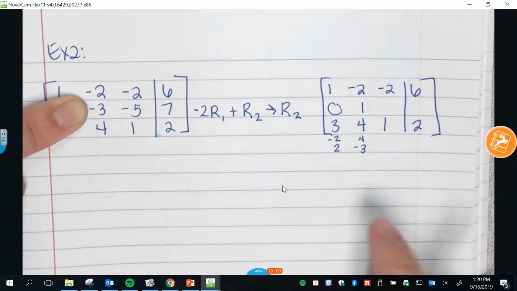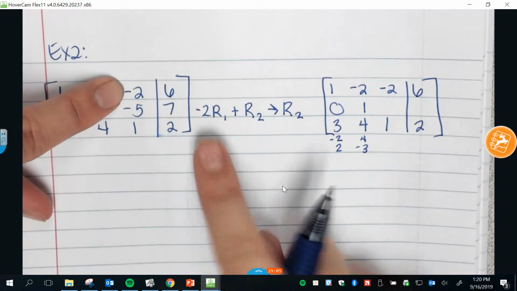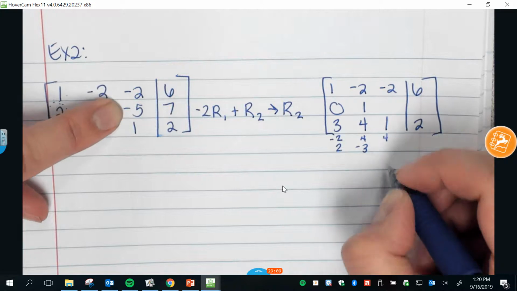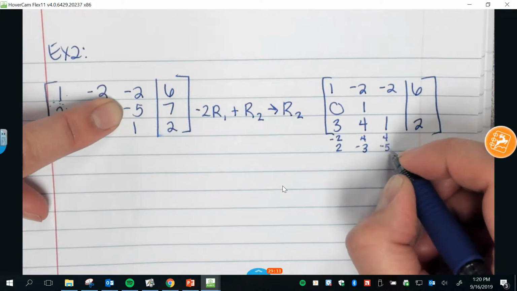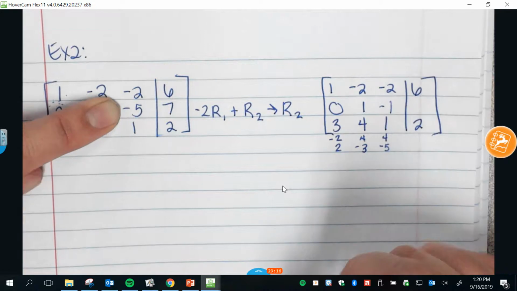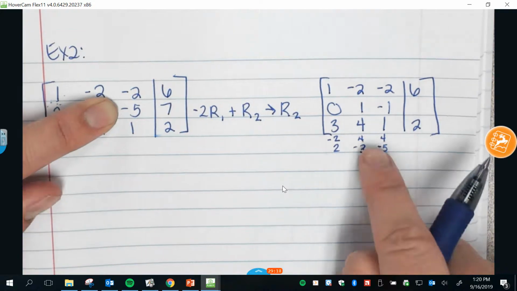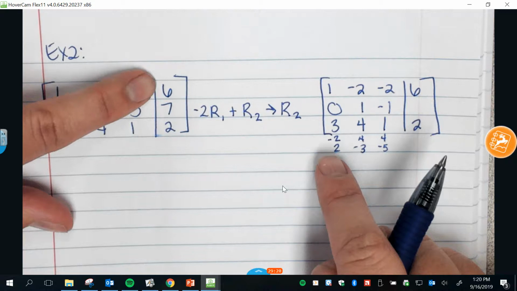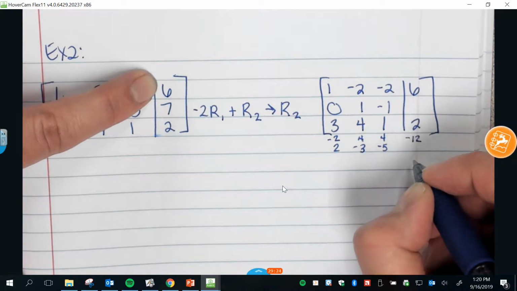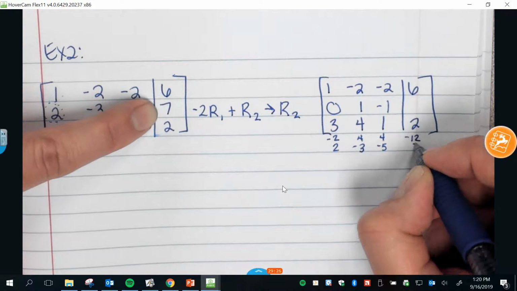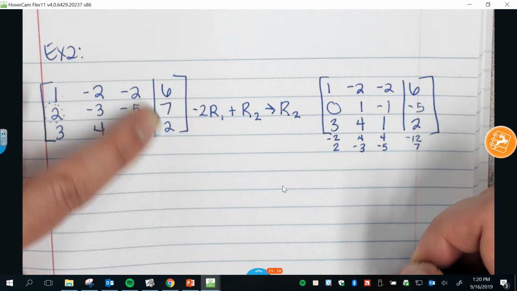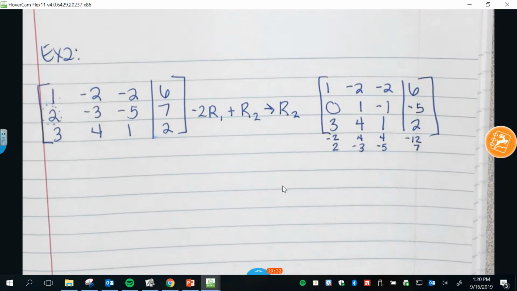Okay, move on down the line. -2 times -2 is 4, plus row 2, -5, is -1. And one more. -2 times row 1, so -2 times 6 is -12, plus row 2, which is 7, makes -5. All right? Okay.